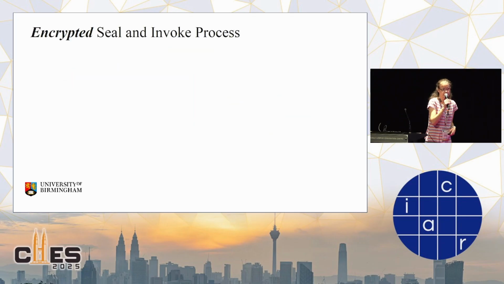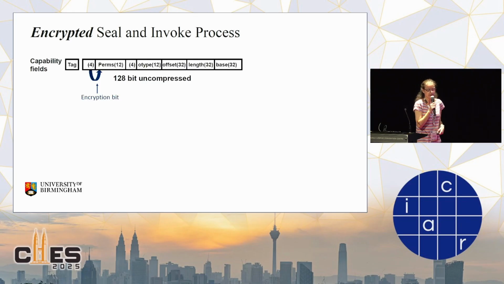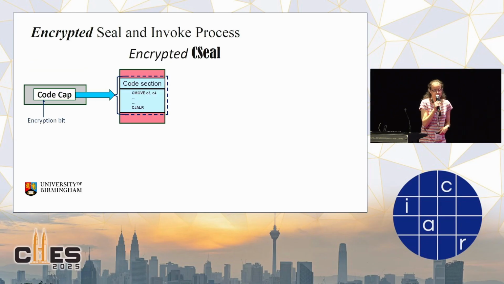So now we want to add our encryption to this process. The first thing we need to do is transfer a software permission bit into a hardware permission bit. This gives us an extra bit to tell us whether we are going to be doing encryption within this seal and invoke process. When we do our first seal instruction, we look at this encryption bit within the code capability and decide whether we're going to do an encryption.